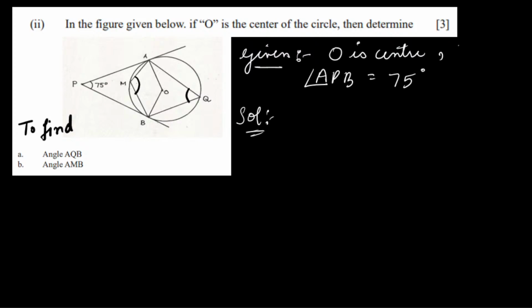So how can we start this question? We have to find AQB and AMB. O is the center of the circle. Also, if you see the figure, PA and PB are the tangents. So you can write in given: PA and PB are tangents.